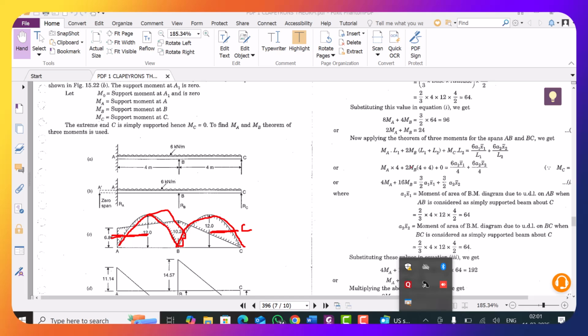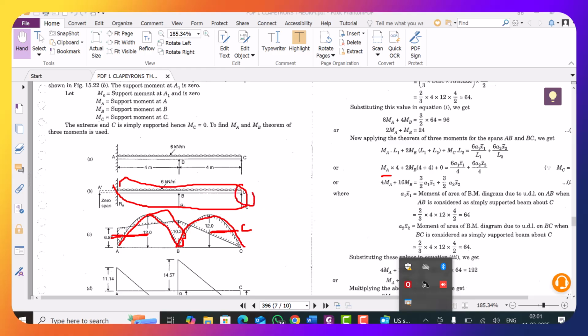So in this way you try to put your values. MA into L1 is 4. Now if you are considering span ABC, L1 will be equal to 4 and L2 will be equal to 4. So 2 times MB (L1 plus L2) is this, plus MC into L2.